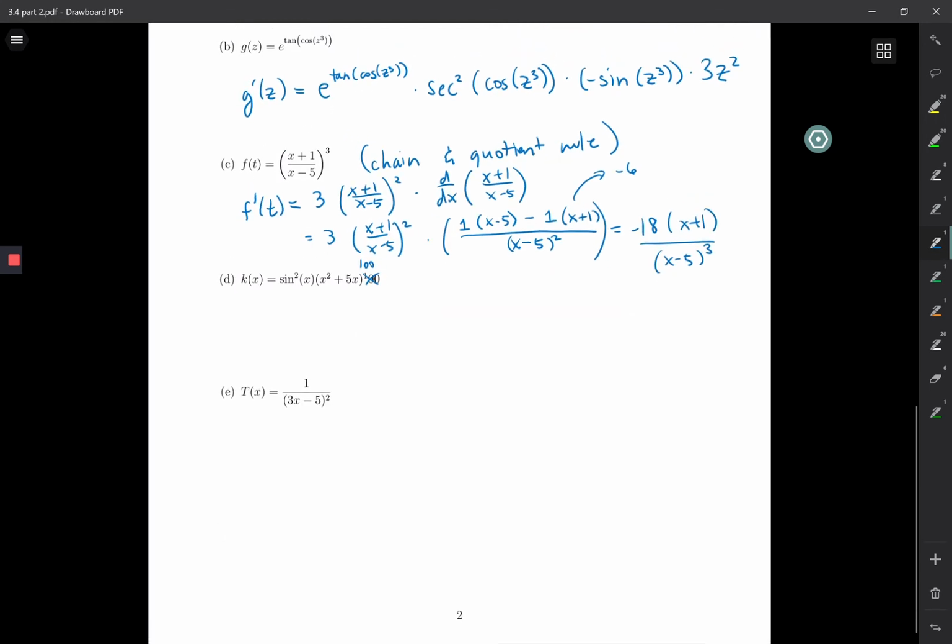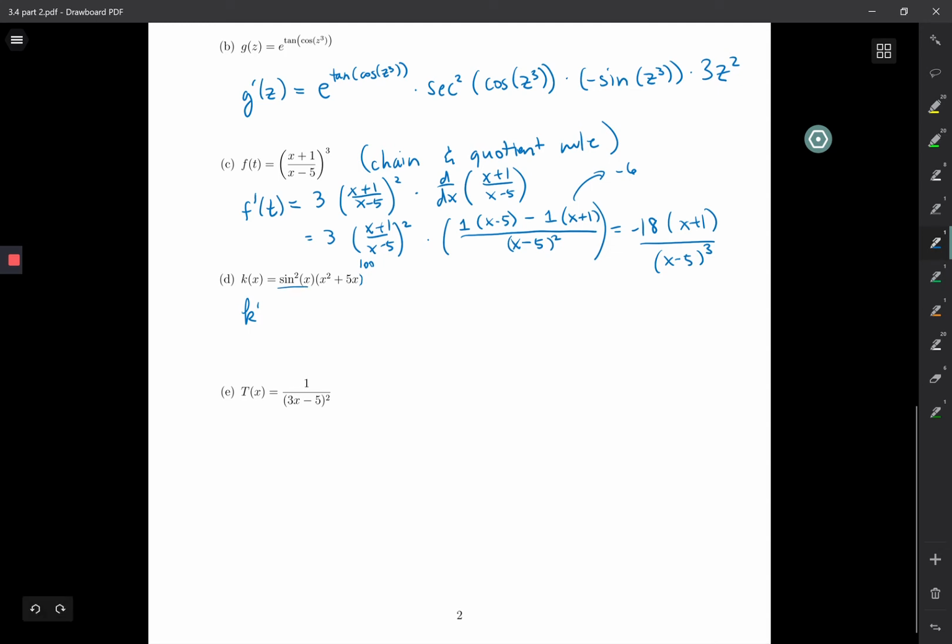Now here in this next example, just looking at this function, I have sine squared of x, and then this (x squared plus 5x) to the power 100.